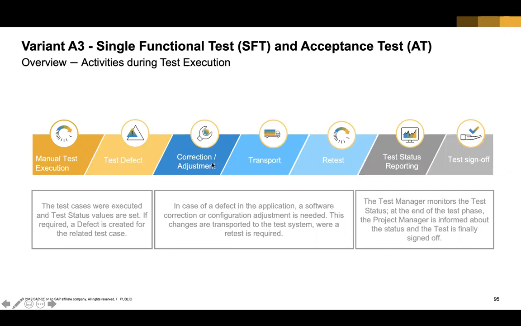They will fix the defect by creating a transport request and send the defect for retest. And the tester comes in and then does the retest. And finally, as a test manager, you are doing test case reporting and then finally doing a test sign-off at the test plan level, right? So this is the execution process that happens within Test Suite and Focus Build.